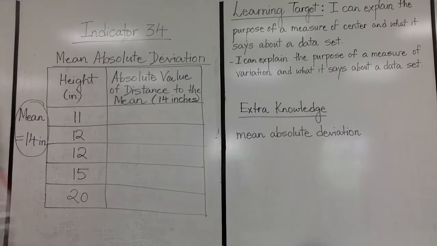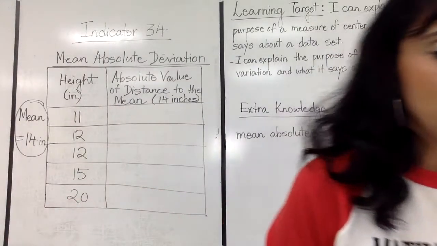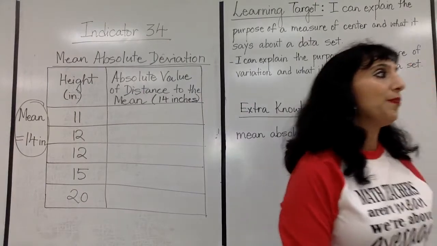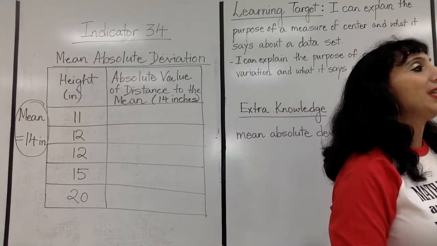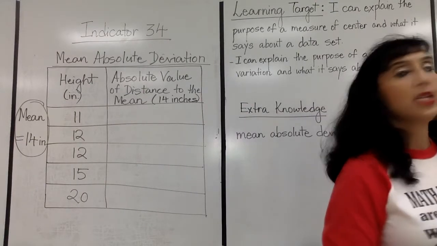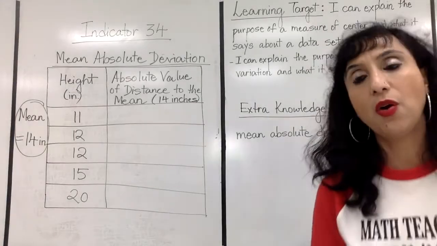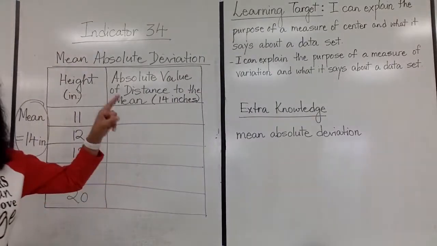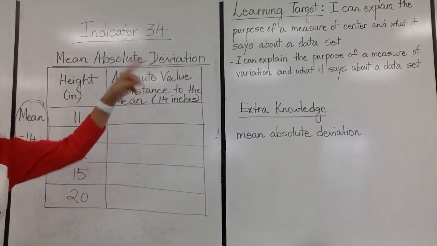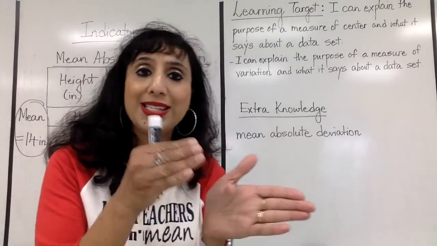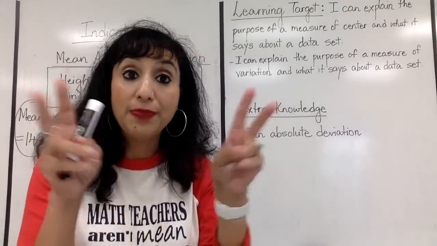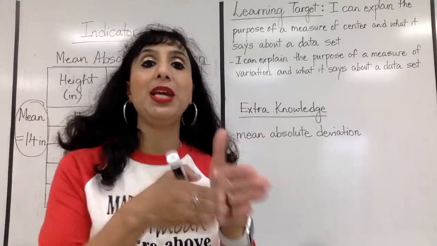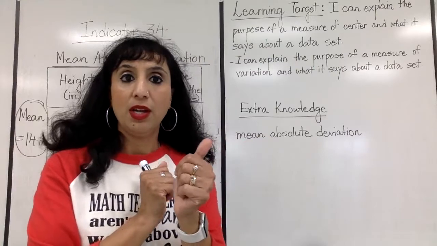So when I'm given a question like this, you've done absolute value before, and absolute value is nothing but the distance of a number from 0 on the number line. So in this case, the mean absolute deviation means how far is that number from the mean. We're going to consider the mean as the 0.